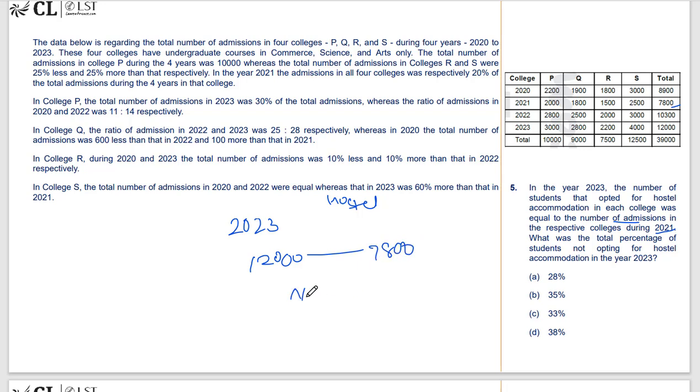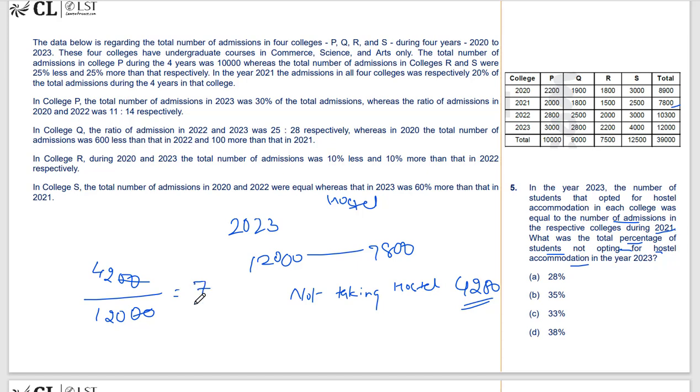So those who are not taking hostel accommodation is the difference of these. 12,000 minus 7,800 is 4,200. We want to find the total percentage of students not opting for hostel accommodation. So 4,200 has to be calculated as a percentage of 12,000. Again, when we reduce it, we come to 7 upon 20, reduced by 6. 1 by 20 is 5%. So 7 into 5, the answer is going to be B, 35%.